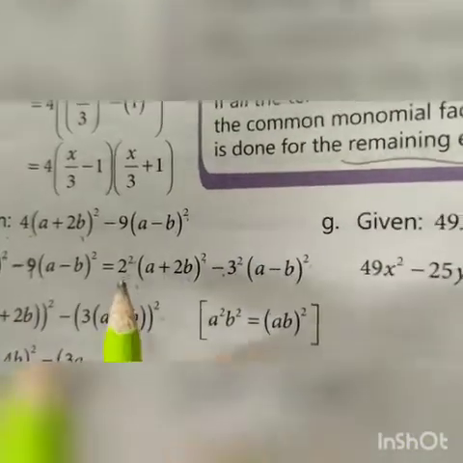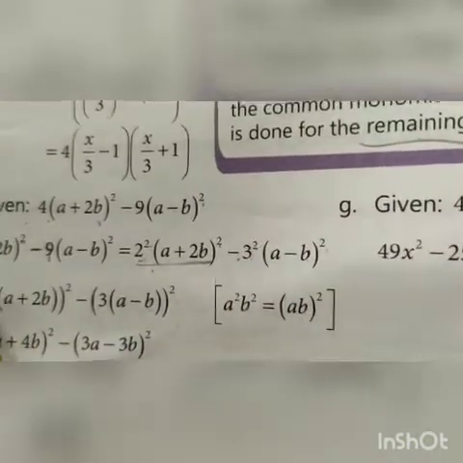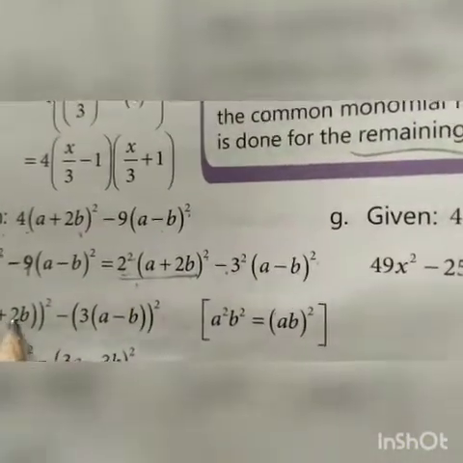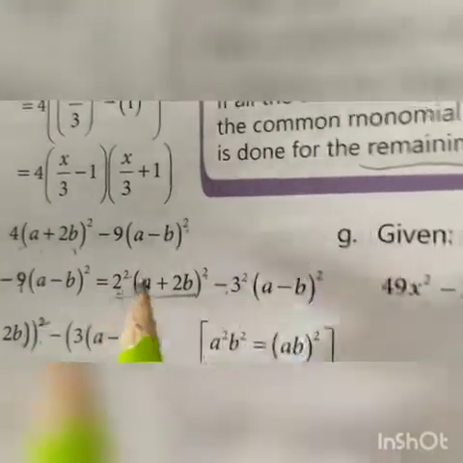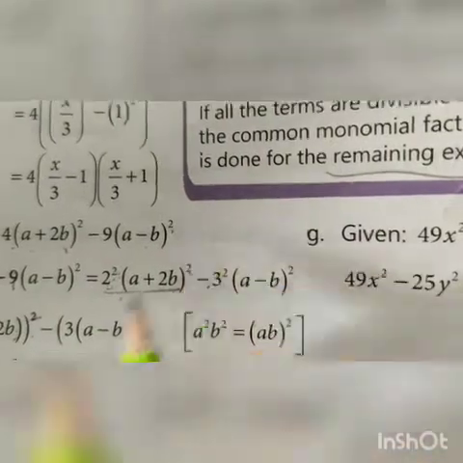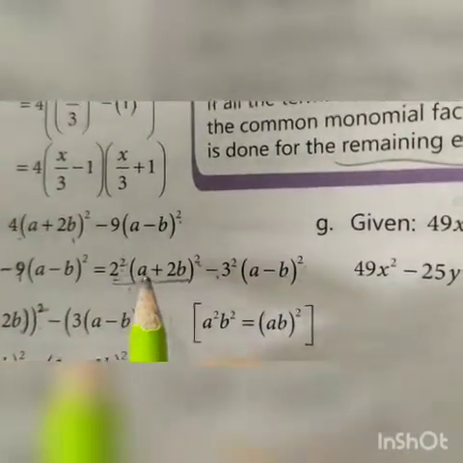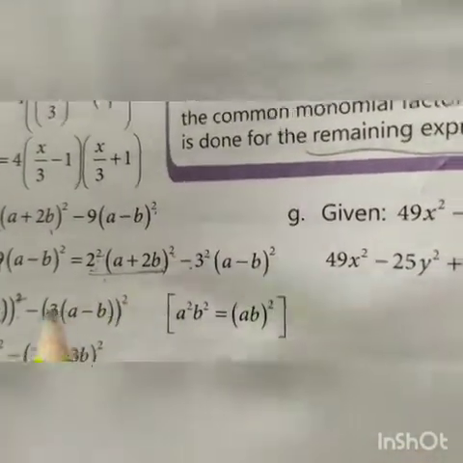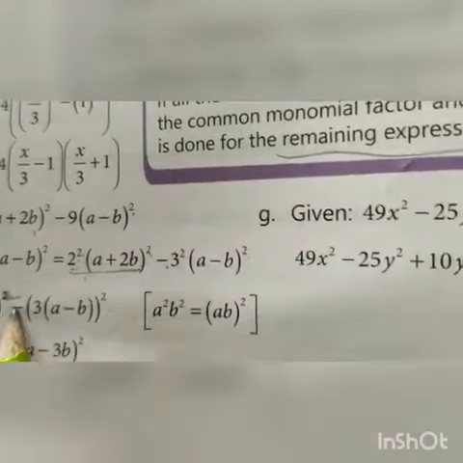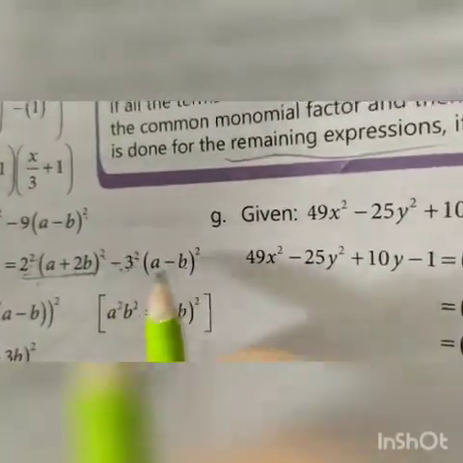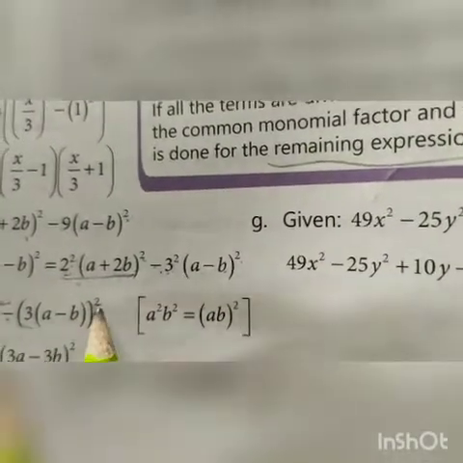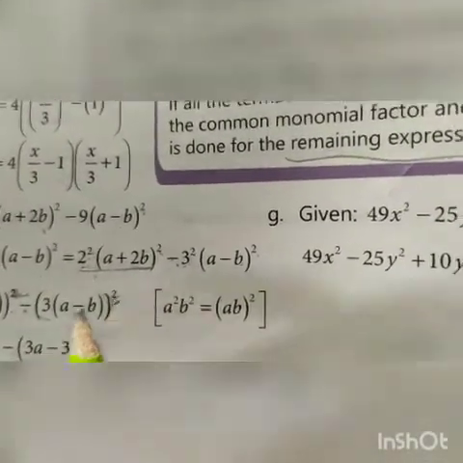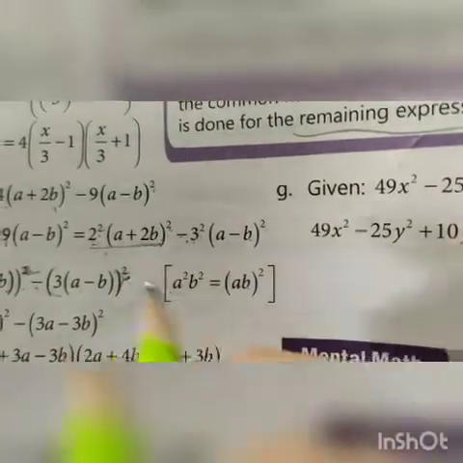Now we can write this as 2 times A plus 2B within the bracket, whole square outside the bracket, because this is also a square. So 2 times A plus 2B whole square minus 3 times A minus B whole square. See, here a double bracket is used, and this square is outside the bracket.